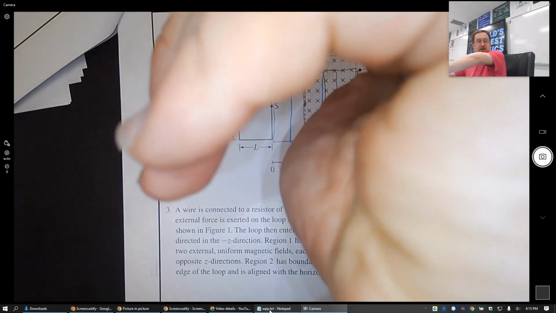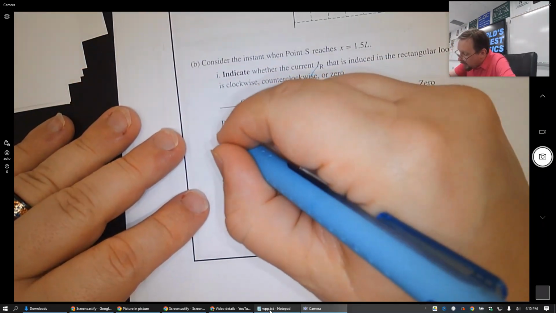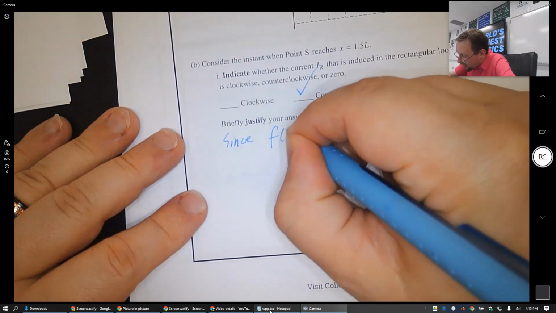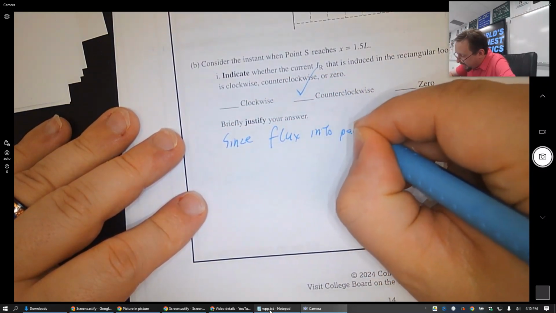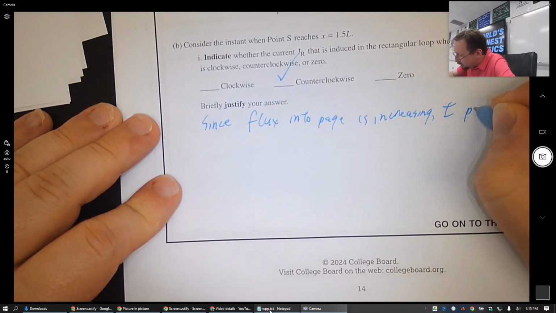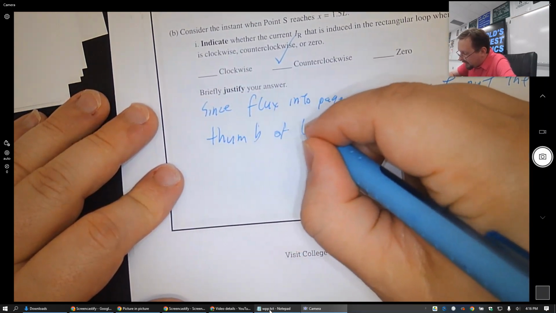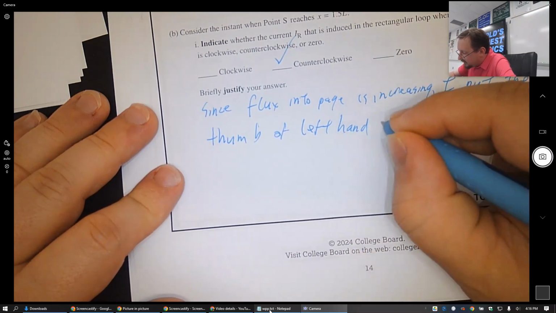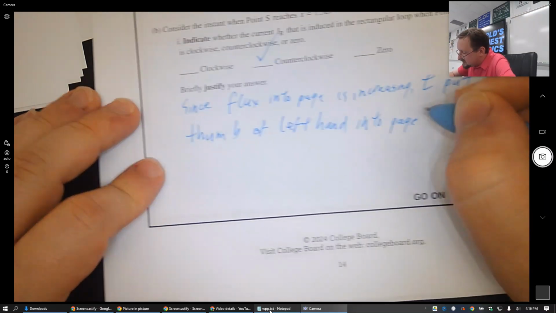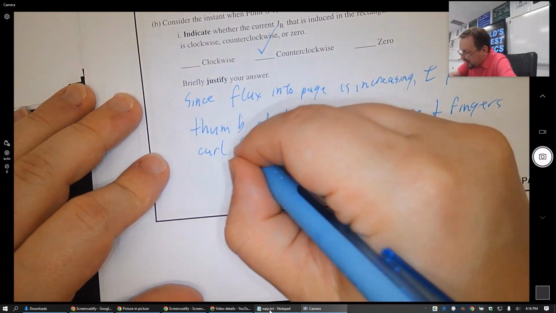You put your thumb in the direction of the magnetic field and curl your fingers, and the induced current will be counterclockwise. So since the flux into the page is increasing, I put the thumb of my left hand into the page and my fingers curl counterclockwise.